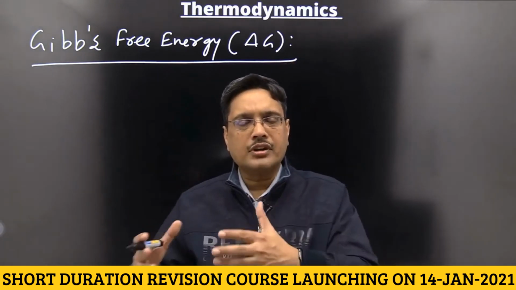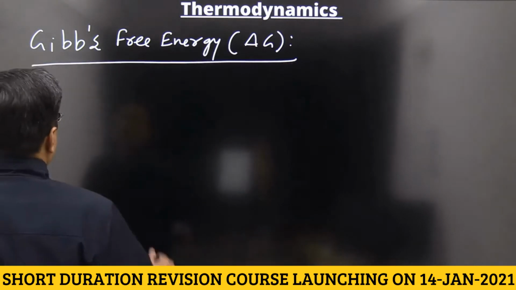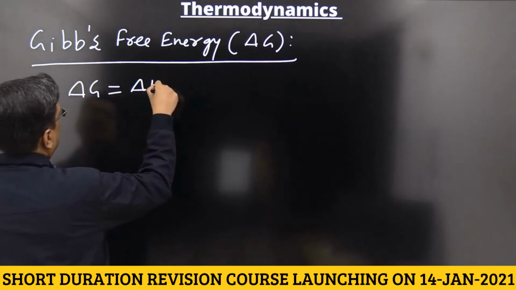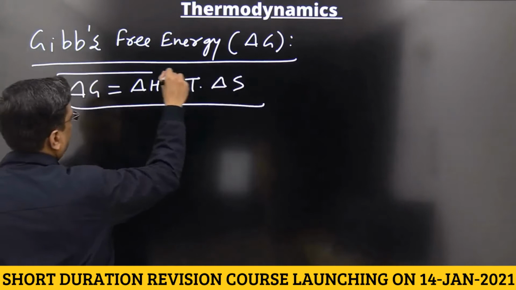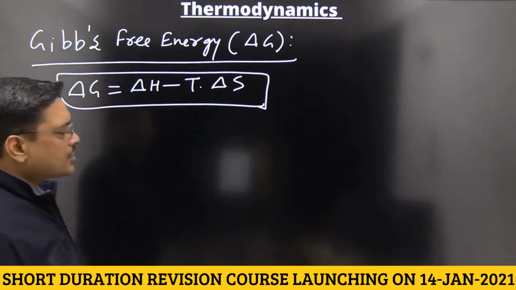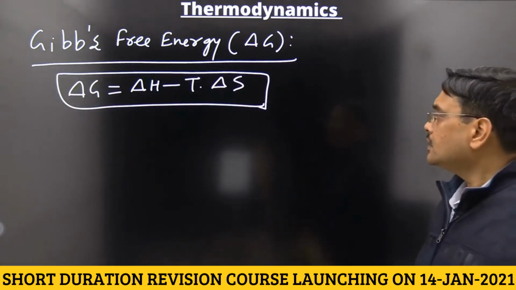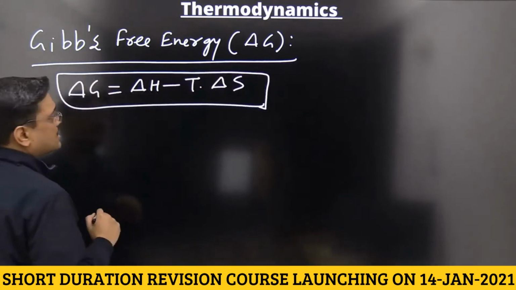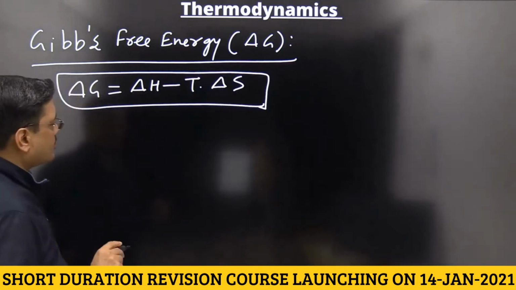The question is how delta G is calculated. It is calculated by using this formula: delta G is equal to delta H minus T into delta S. Delta G is the change in free energy, delta H is the change in enthalpy or heat of reaction, T is the temperature in Kelvin, and delta S is the change in entropy.